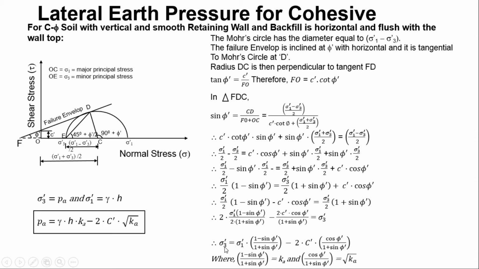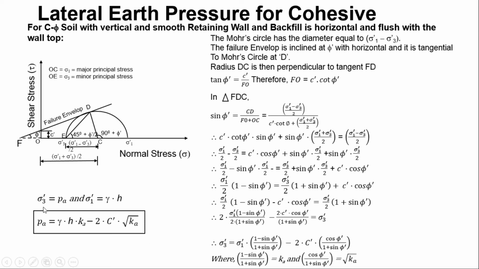So what we get ultimately is sigma 3 dash is equal to sigma 1 dash into 1 minus sin phi upon 1 plus sin phi, minus 2c into cos phi upon 1 plus sin phi dash. We know that 1 minus sin phi upon 1 plus sin phi is Ka, and it can be shown that cos phi dash upon 1 plus sin phi dash is root Ka.